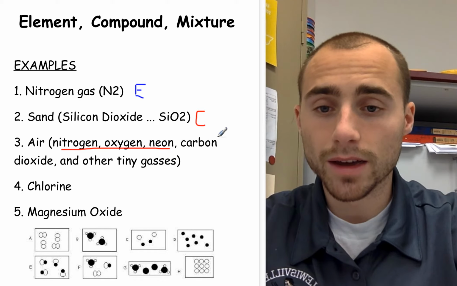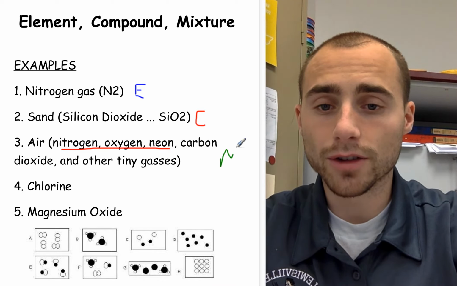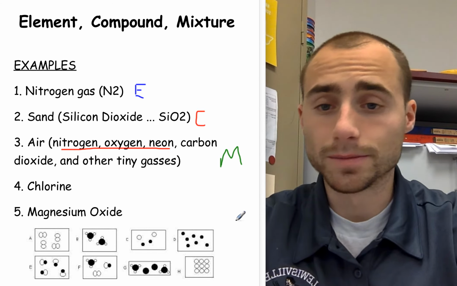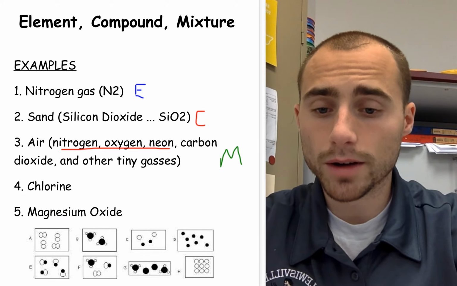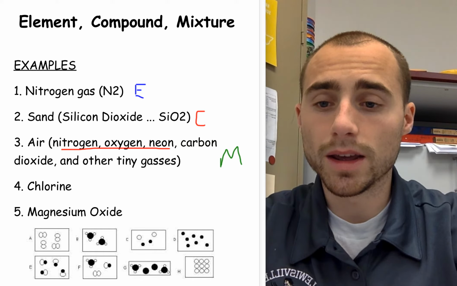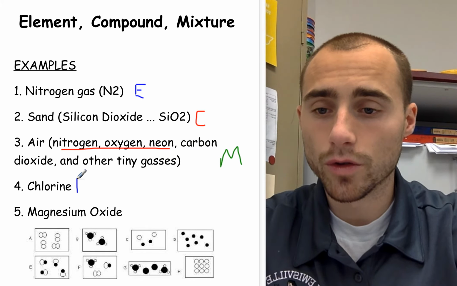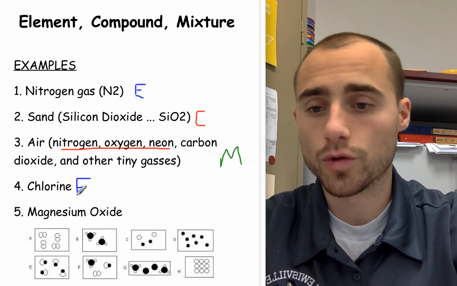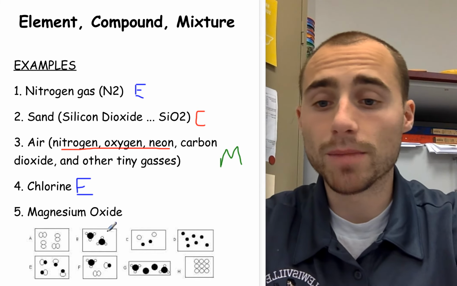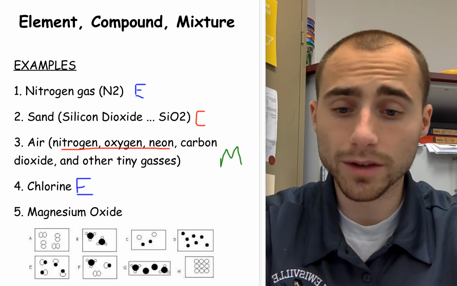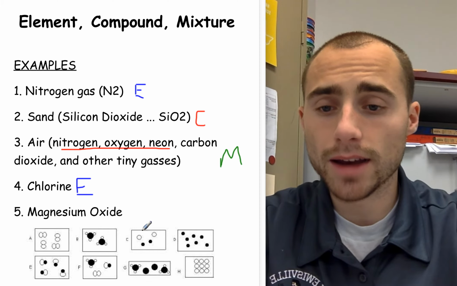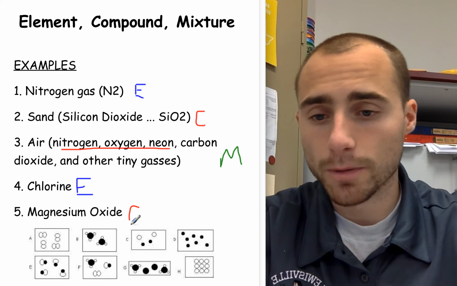So what that means is this air is actually a mixture. Chlorine by itself, put it in pools, clean the water. That is going to be an element. And then magnesium oxide, which is MgO, because it is two elements that are combined, that is going to be a compound. So hopefully you got those.